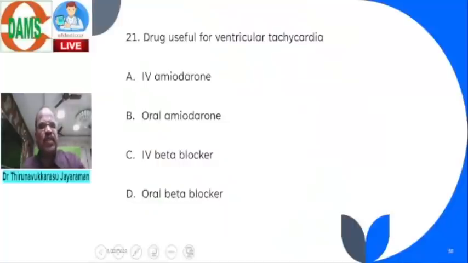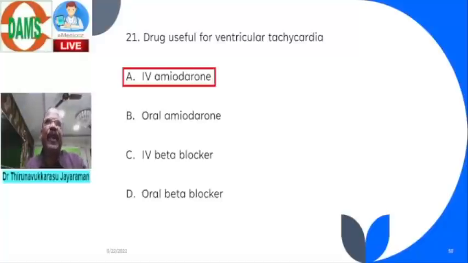Next, drug useful for ventricular tachycardia. Options are IV amiodarone, oral amiodarone, IV beta blocker, oral beta blocker. See, this is a tricky question. I think they gave some image also. For ventricular tachycardia, currently the best drug therapy is intravenous amiodarone.